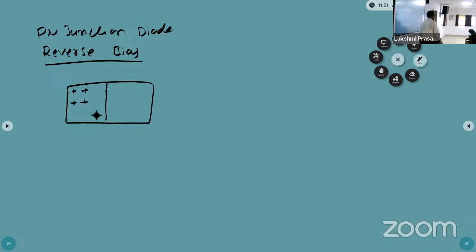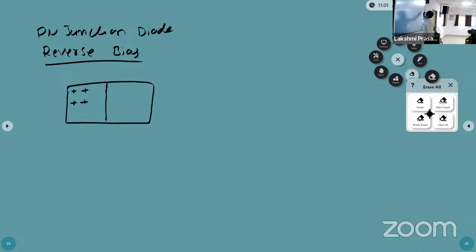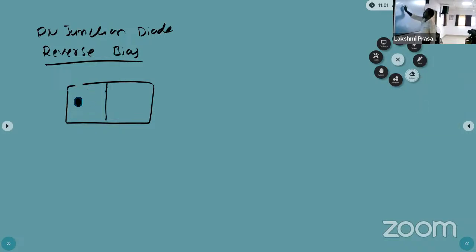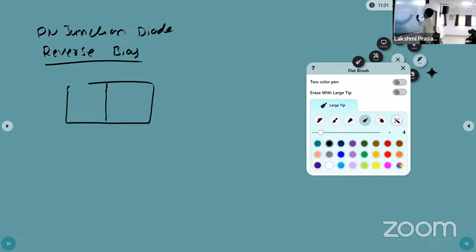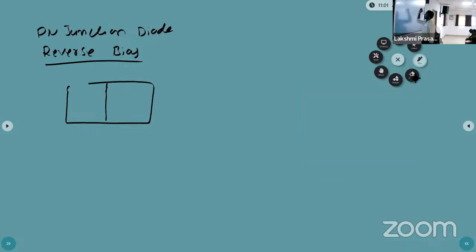Okay. Later I will write this. This is the P-type and N-type semiconductor. Later I will represent ions, positive ions and negative ions, charge carriers. Okay. Now you can connect the battery.